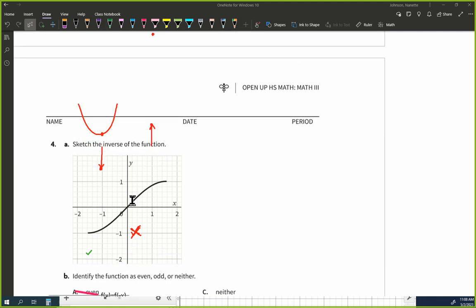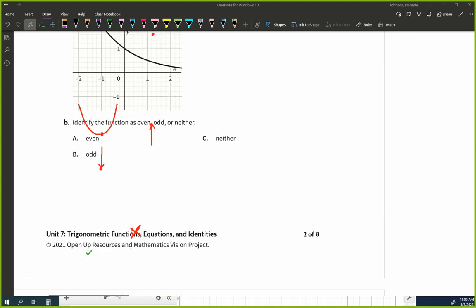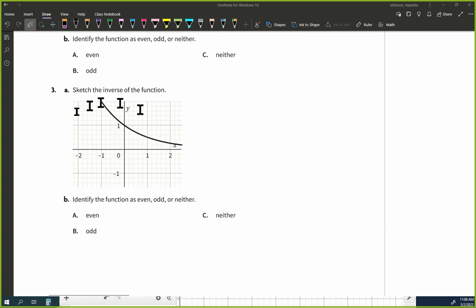Okay, so let's go up here. Let's look at some examples. Just by looking at this, is this even? No, this is not even. How can you tell? Well, because when I go to the right 2, it's this little guy.